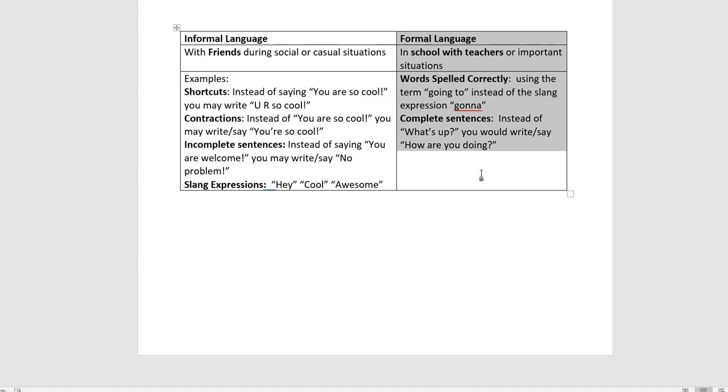But in formal language, if I was talking to a teacher or a principal, I would say, I'm going to go to the park. So gonna is not spelled correctly. It's a slang term. It's not pronounced correctly. It's going to. Also with formal language, you want to make sure that you're using complete sentences. So instead of saying, what's up, you would write or say, how are you doing?